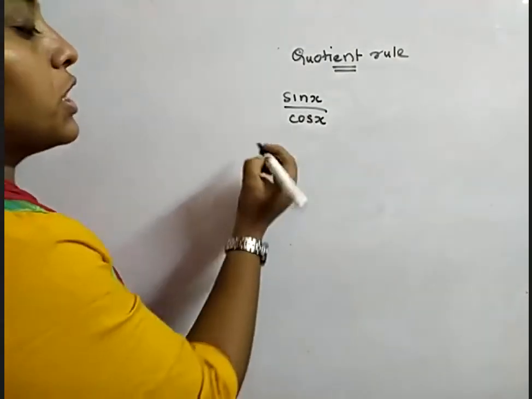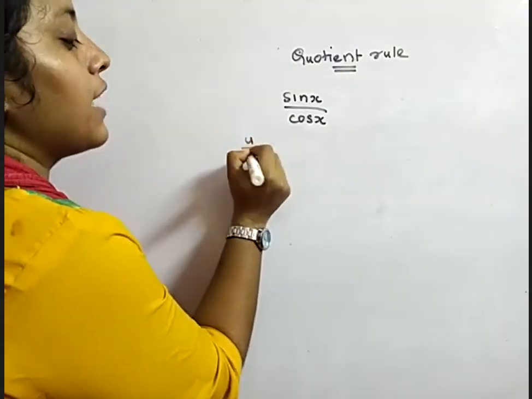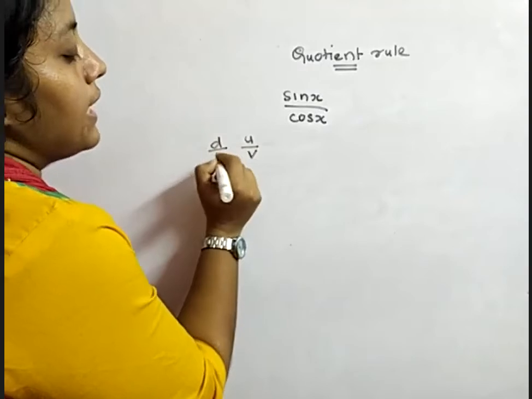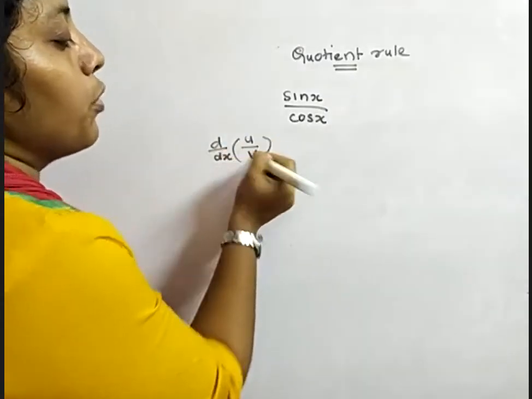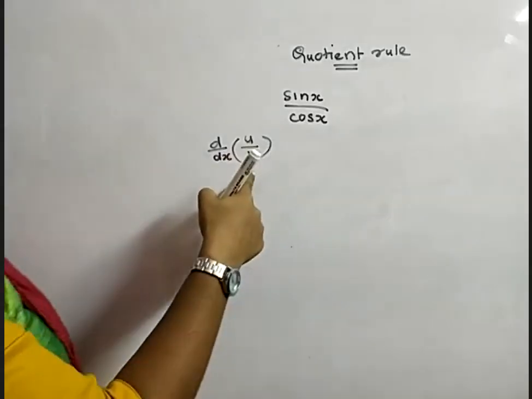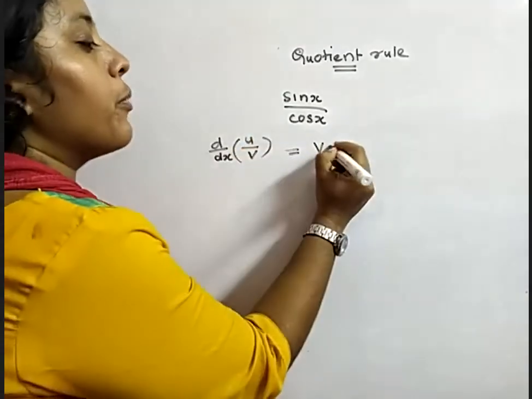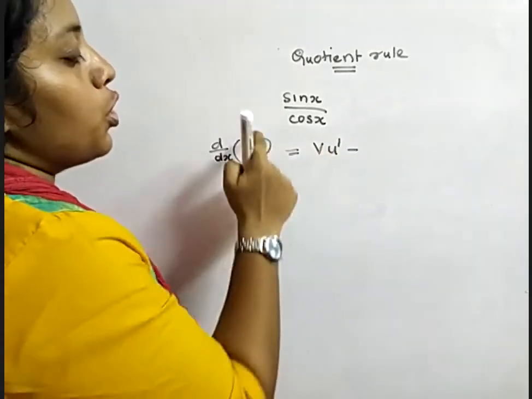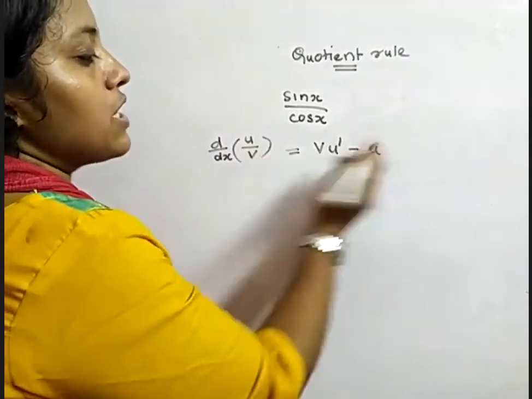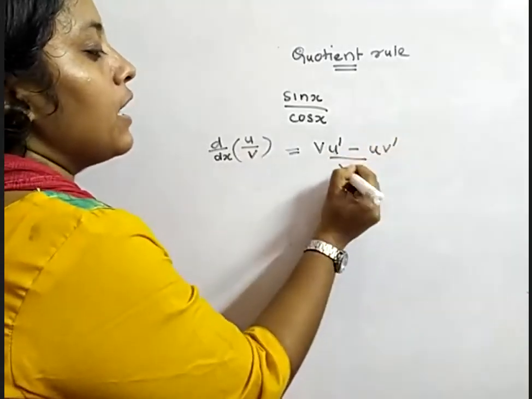I'll say what the quotient rule is. Suppose we have a function like u by v and we need to find the derivative of u by v. It is denominator into derivative of the numerator minus numerator into derivative of the denominator, by denominator square.